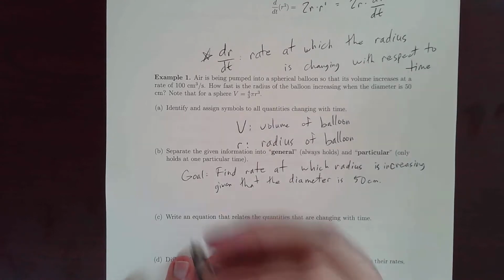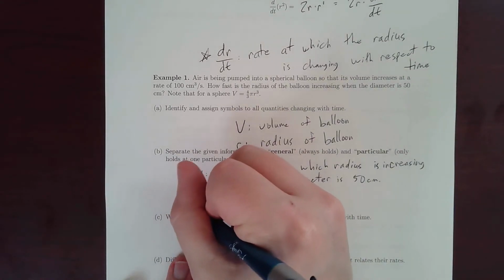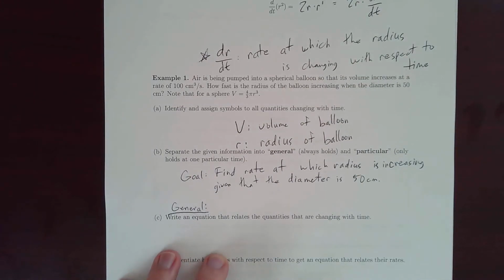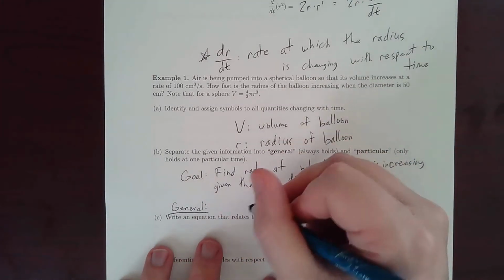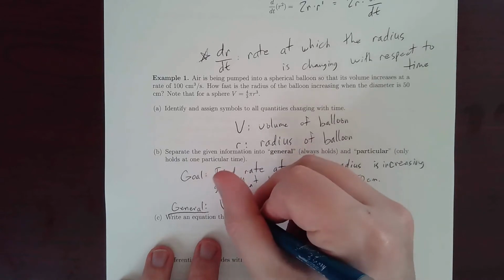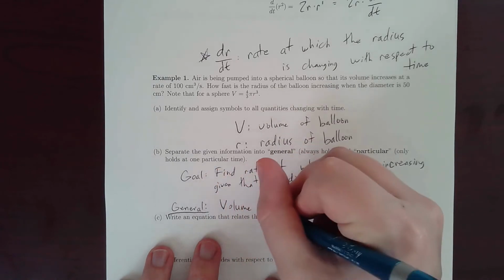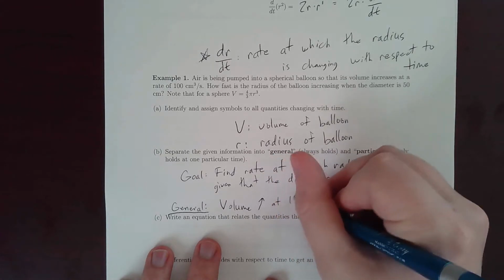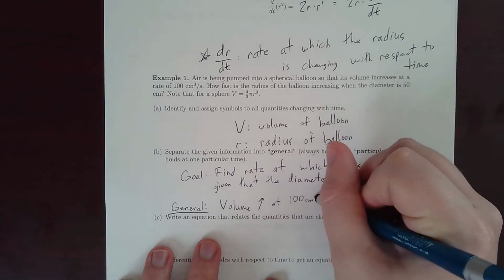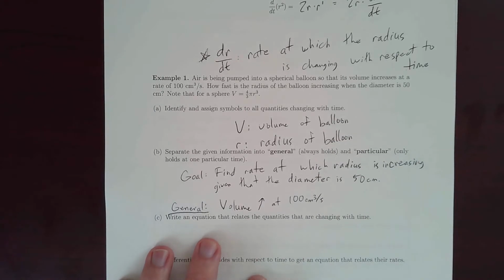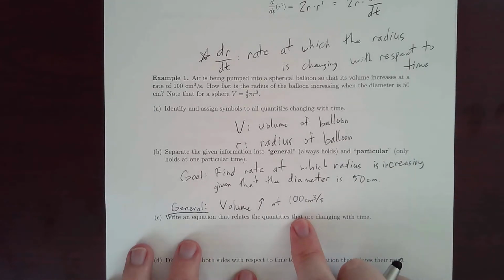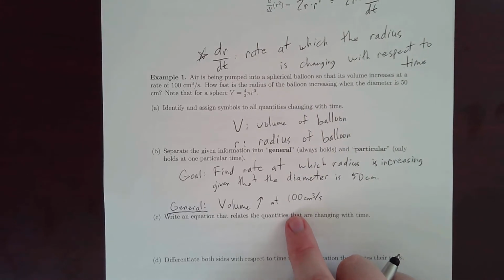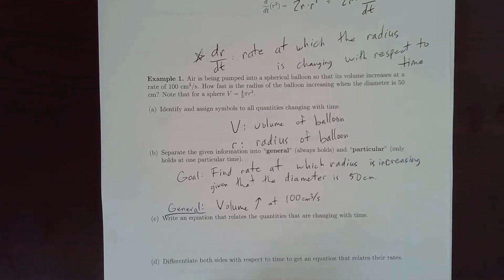So in general, we know that regardless of what the centimeters is, or regardless of the time, the volume is increasing at 100 centimeters cubed per second. So here this rate is something that's going to be general, and our rates are always going to end up being general. So that's the thing that we can hold on to.